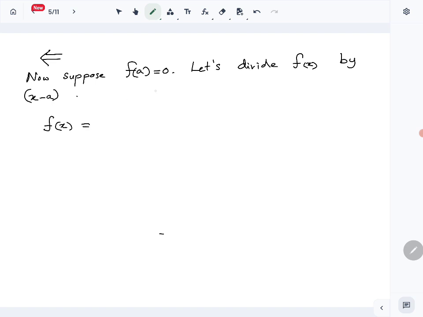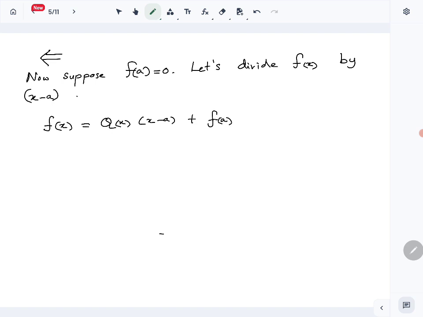f(x) can be written as what? We are dividing f(x) by x minus a, no? Quotient times x minus a plus the remainder. And we know the remainder is r, a constant, but because x minus a is the linear factor, from the remainder theorem, what do we know? The remainder has to be f of a.